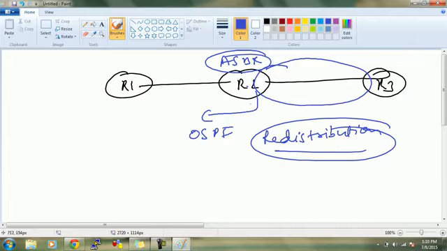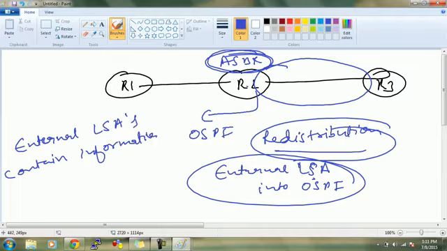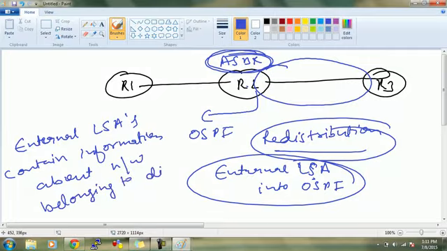Which router is responsible for performing redistribution in OSPF? That router is called ASBR. It means ASBR will inject external LSAs into OSPF. See, external LSAs contain information about networks belonging to different routing protocols. क्या लिखा मैंने?